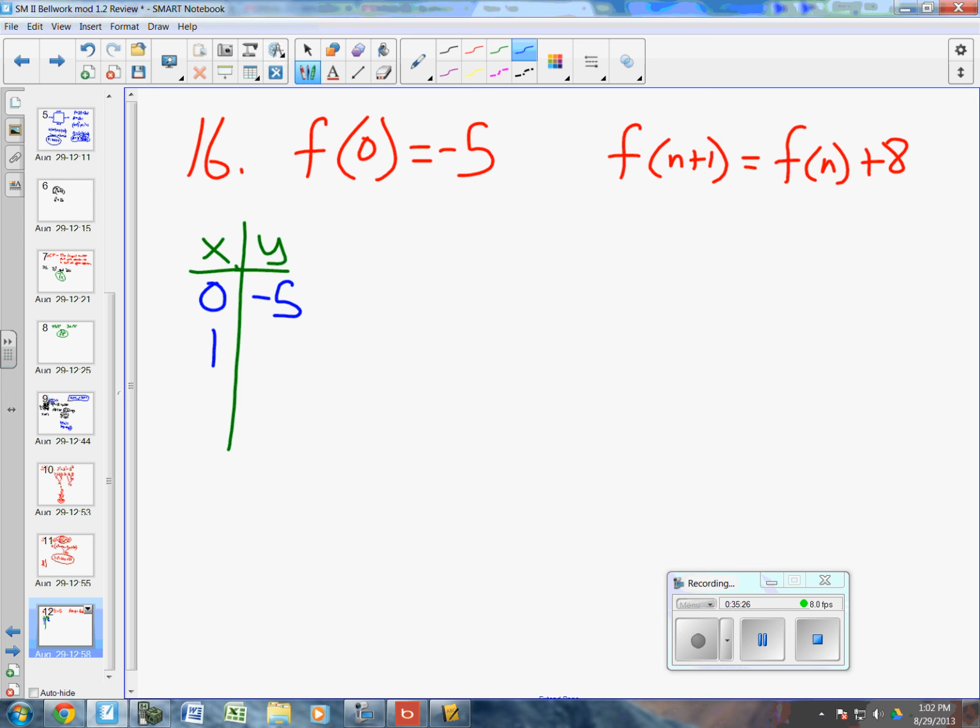Negative 5 plus 8 is 3. The next term would be 11, because I add 8 to 3. The next term would be 19. The next term would be 27. It says the first 5 terms. There's the first 5 terms right there, right? That's all I do. Can you guys handle that?